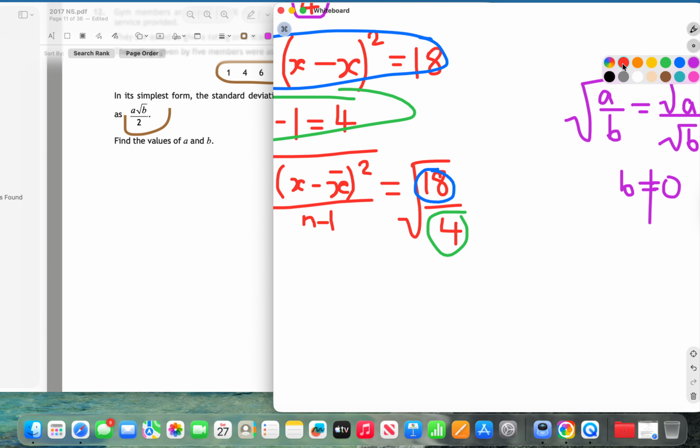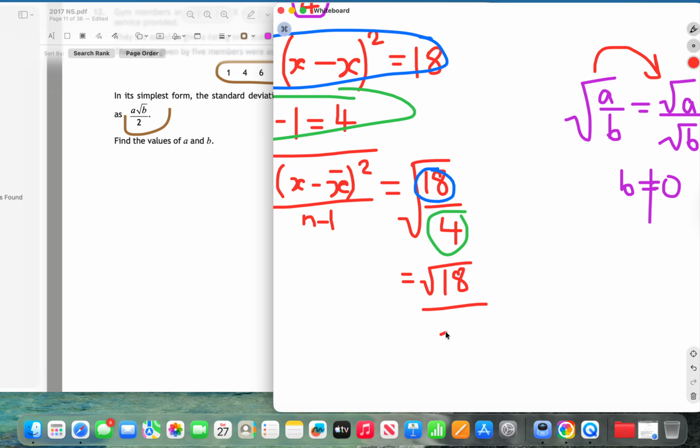Let's apply this one then. So if we make a 18 and b 4, then we can transfer over here, then put a is 18 and b is 4, so this gives us root 18 divided by root 4.